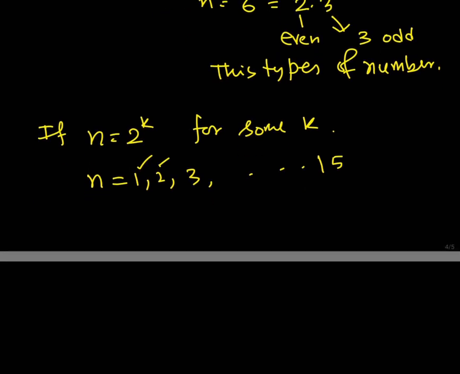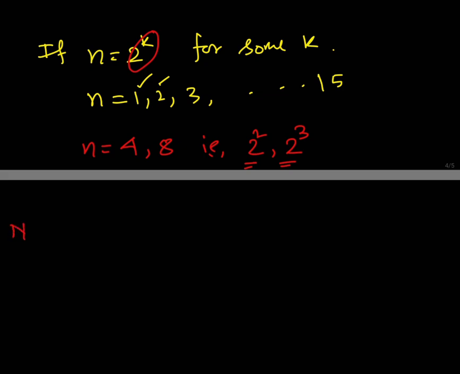So the only remaining numbers are n equal to 4 and n equal to 8, that is 2 squared and 2 cubed.